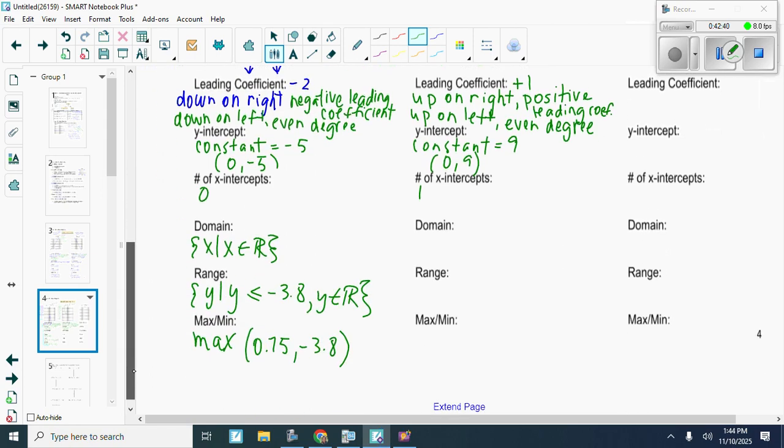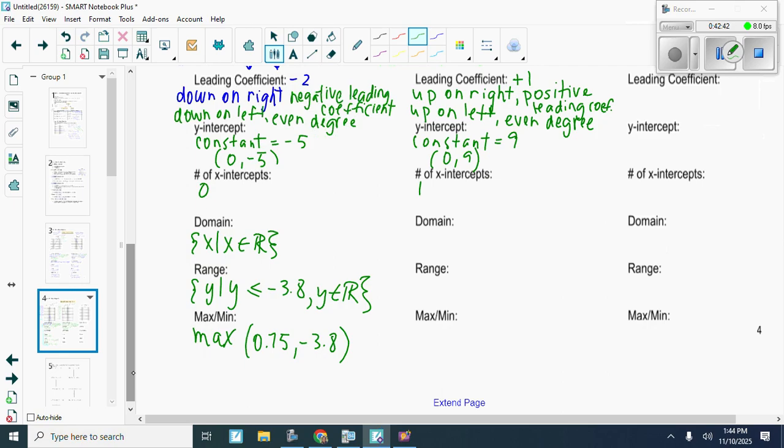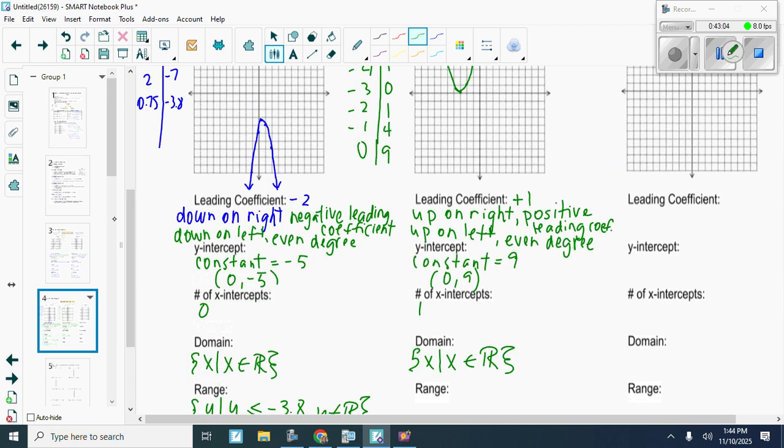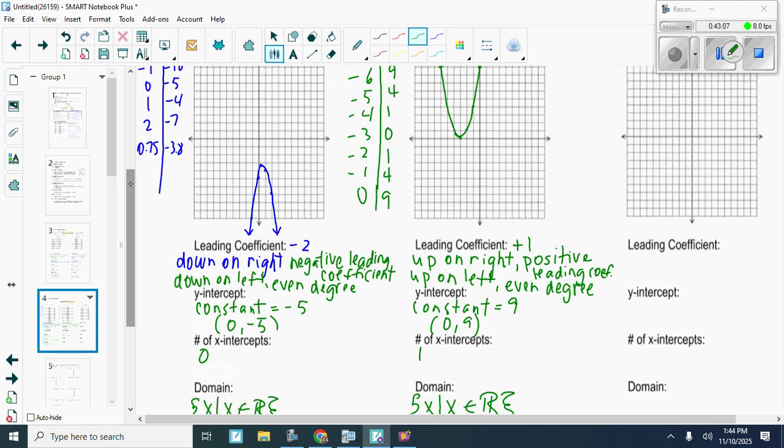Any restrictions on our domain? Again with the parabola, there are no restrictions on our domain: x such that x belongs to the real numbers. For the range, we just have to figure out what the vertex is. You can do that by finding the minimum, or in your table of values, we notice we hit the axis at -3 and then went the other way.